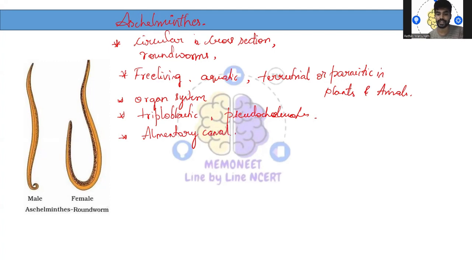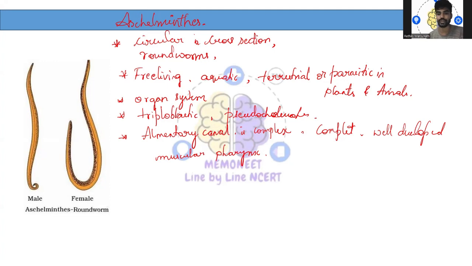Then coming to their alimentary canal, what about the alimentary canal? It is complex, well developed, and complete. It has a well developed muscular pharynx, right?